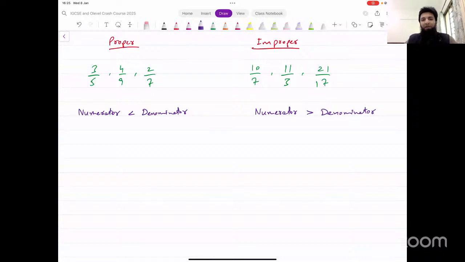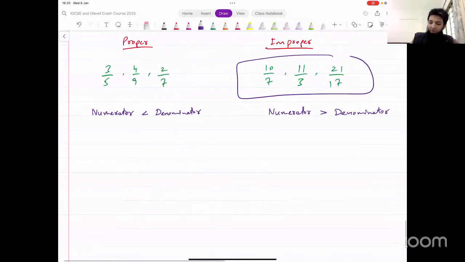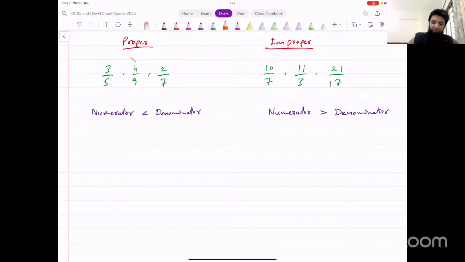Now, a lot of times, we prefer writing improper fractions in another form, and that's called mixed form, mixed fraction. Okay, proper fractions we leave as they are. We can actually convert them to mixed fractions, although that would look weird, so we don't generally do that.